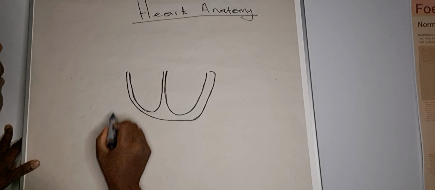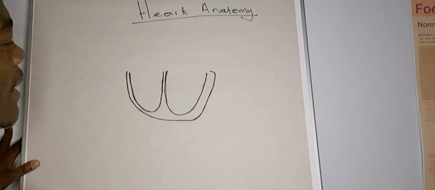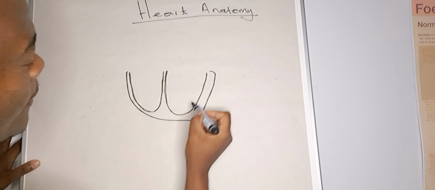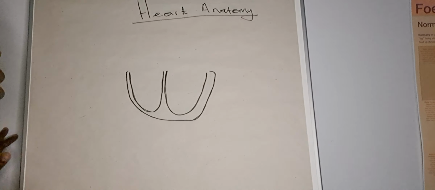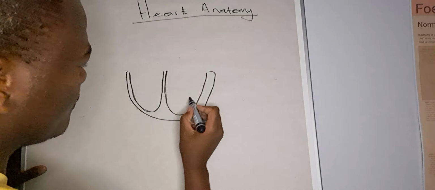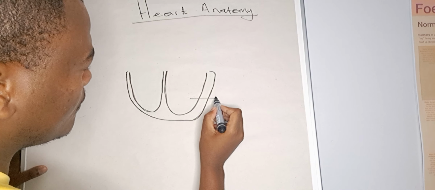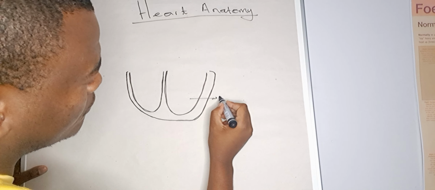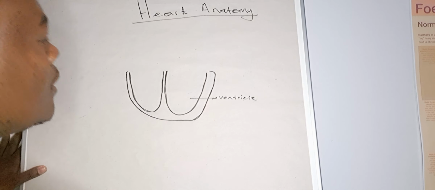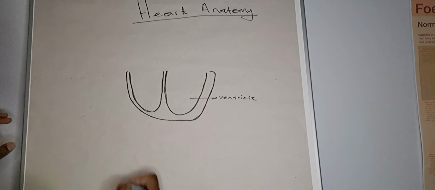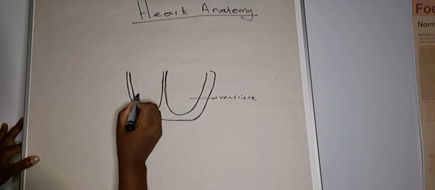Here there is not much effect like the other side. And then this area, this and this, we call them our ventricles. This one is a ventricle, this one is a ventricle.